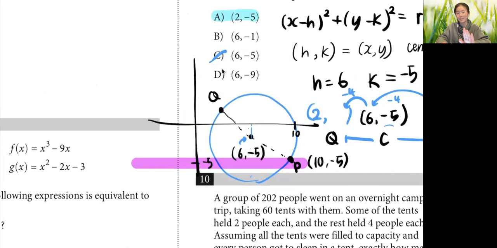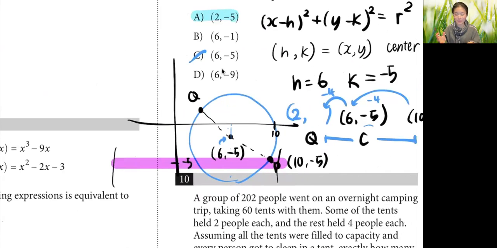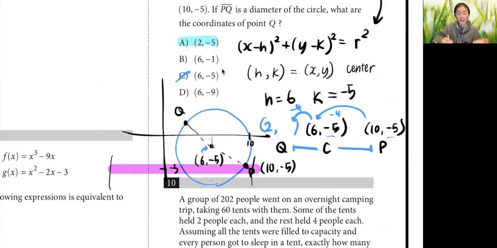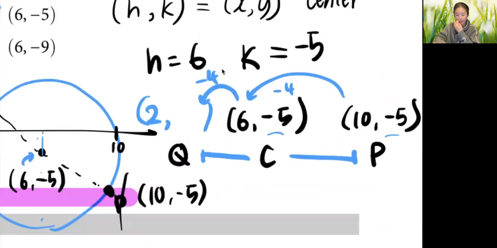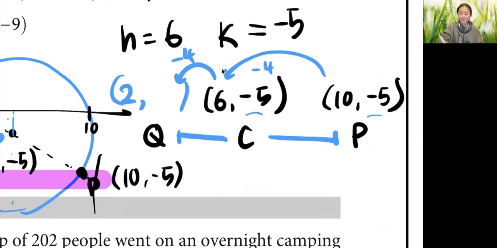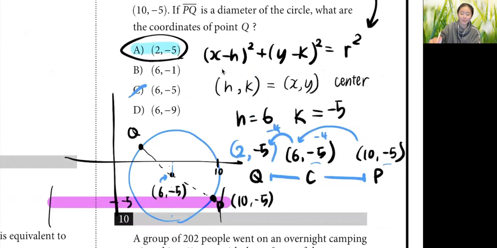Again, you can't make assumptions, but it will make sense if the diameter is from here to here. So that is what I'm talking about. Don't make assumptions, but get the idea of it, because once you get the X, and it all aligns on the same horizontal line, we know that it's 2, -5, which is answer choice A.